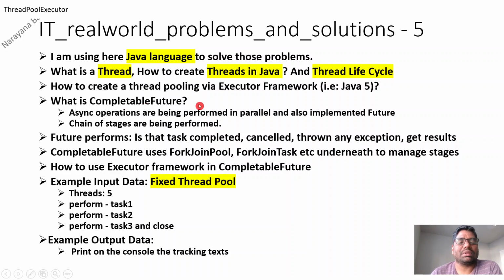What is CompletableFuture? CompletableFuture is something the Java team has come up with, a mix of various concepts like a future task. Say if I'm performing a thread-level operation, what are the possible things that can happen? The task can be successfully completed, or if you want to cancel the task, you can do the canceling, or while performing the task there could be an exception thrown.